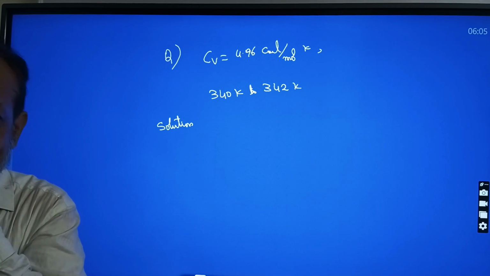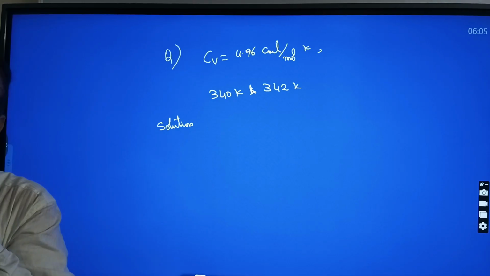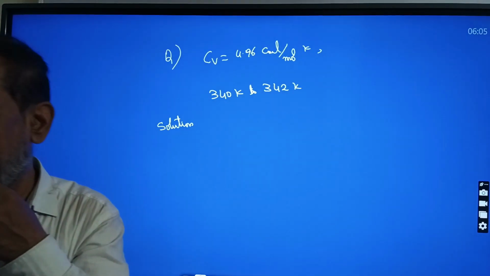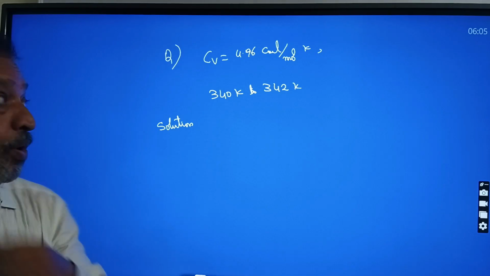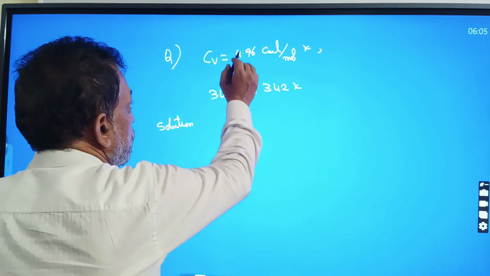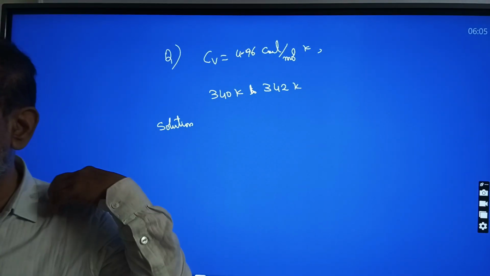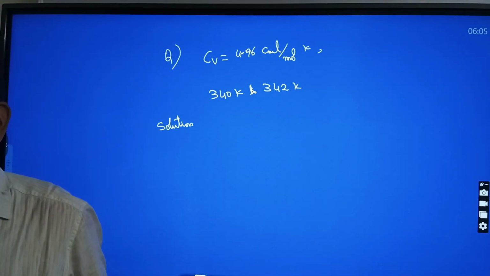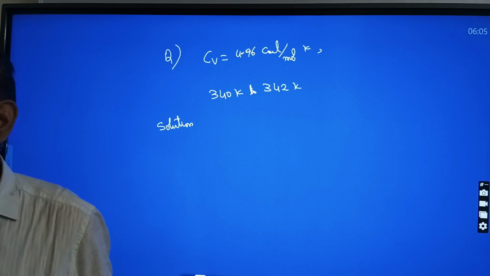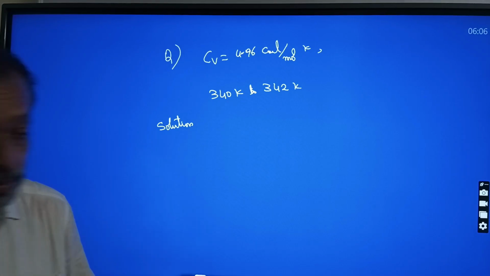So that value is given, 4.96. So the increase in internal energy when the temperature of 2 moles of this gas is increased from 340 Kelvin to 342 Kelvin.